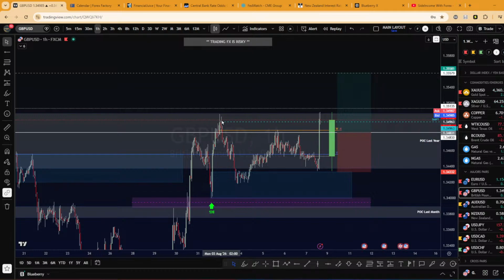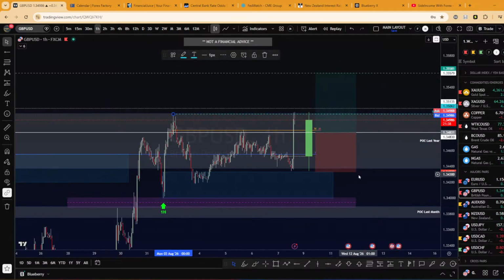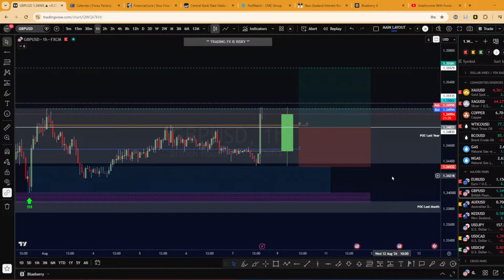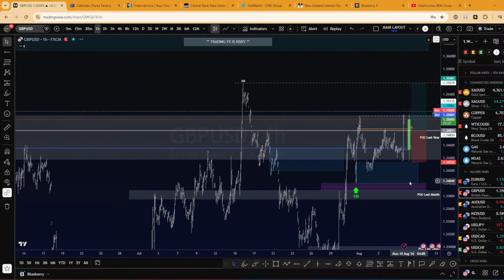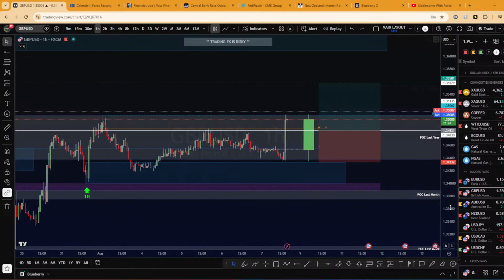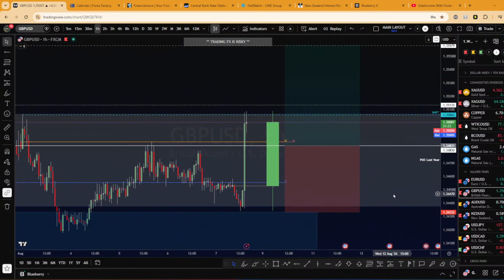But we need to break above this high. We are pretty much breaking, but yeah, this could be a potential trade for the next week. As I said, we are at the end of the week on Friday. Because I am a swing trader, maybe I would find some entries at the beginning of the next week.